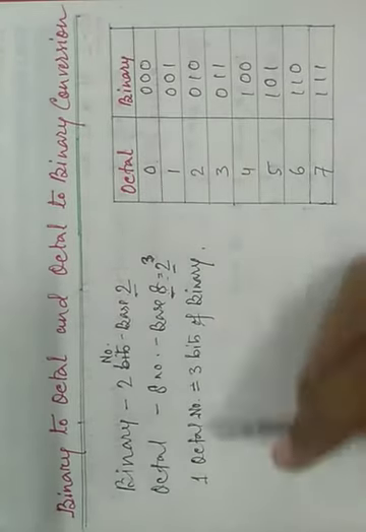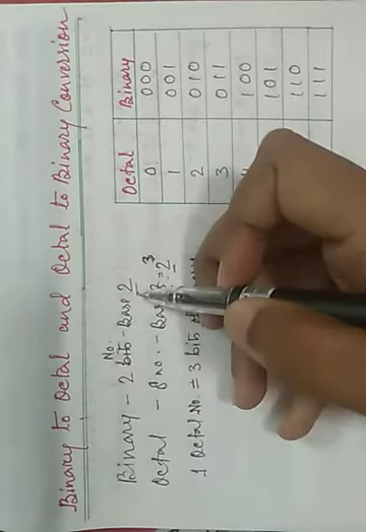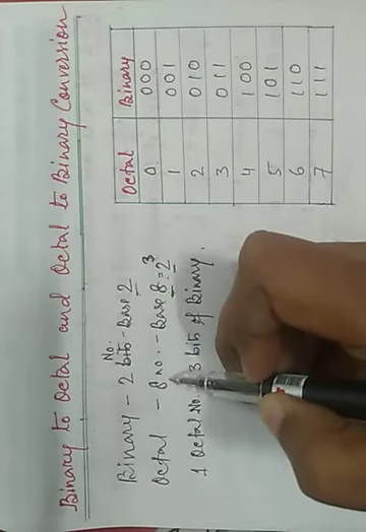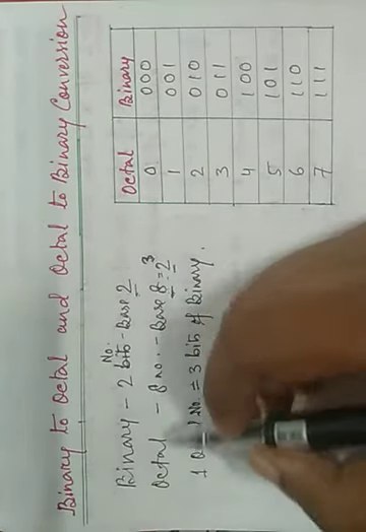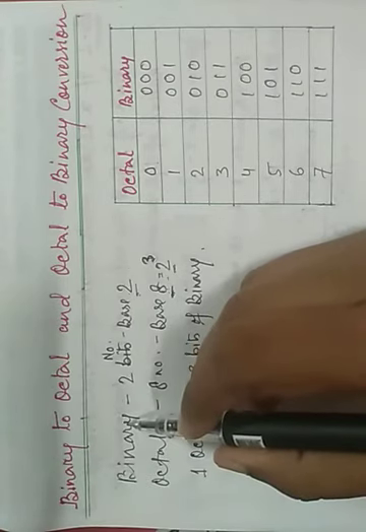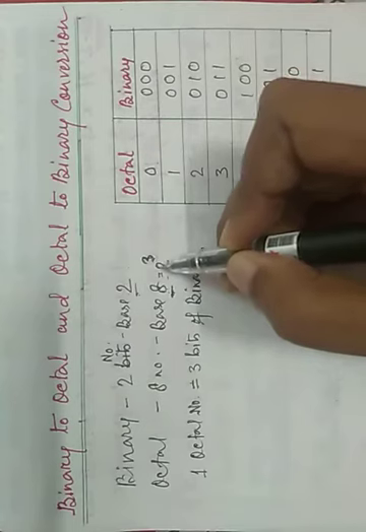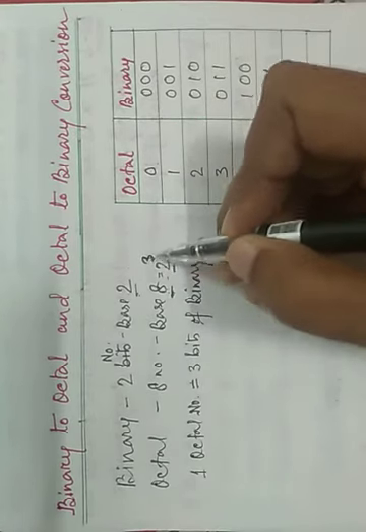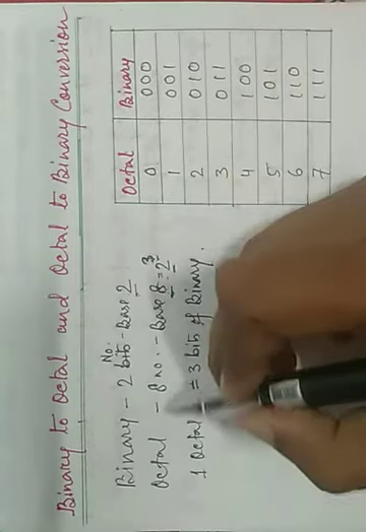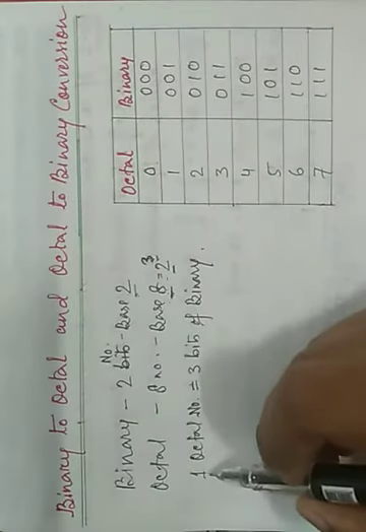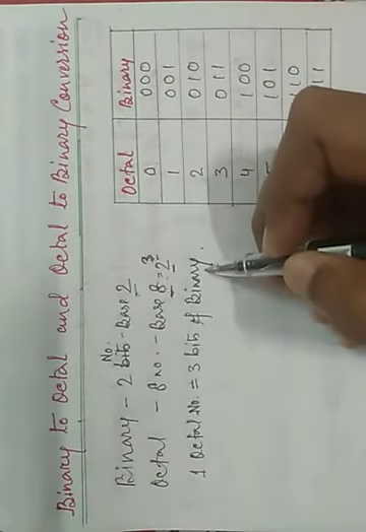All of you remember that the base of binary number is 2 and the base of octal number is 8, so whenever we are going to represent an octal number in terms of binary number, as 8 can be represented as 2 to the power 3, that's why 3 bits of binary number are required to represent 1 octal number. So 1 octal number equals 3 bits of binary number.